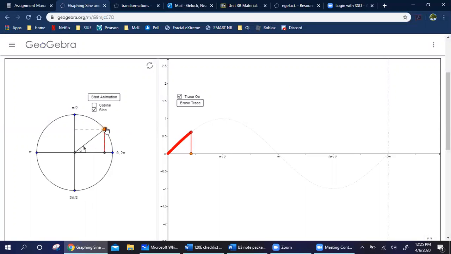So as the angle increases, the sine also increases until it peaks at 1. The sine is 1 when we're at pi over 2. Then the side opposite starts to decrease as we get closer to pi, or 180, and the sine goes back to 0.